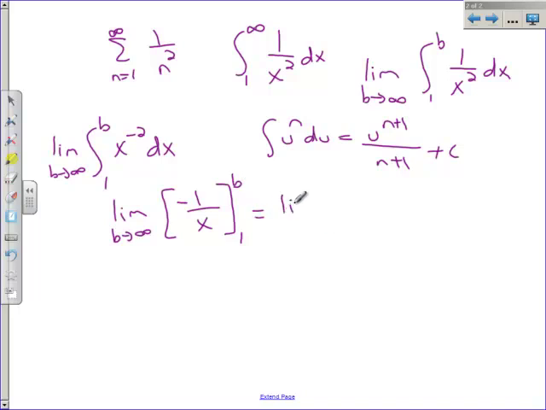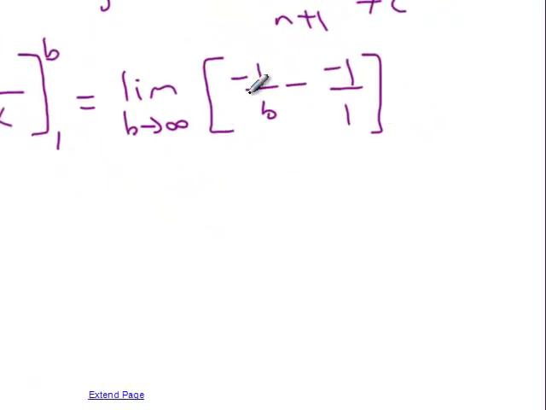So let's plug in, use our fundamental theorem of calculus. We'll plug in our b, so that's negative 1 over b, and then minus, plug in our 1, negative 1 over 1. So now that we've evaluated our integral, we can take the limit as b goes to infinity. Now as b goes to infinity, this first fraction goes to 0, leaving me with a finite number, 1.